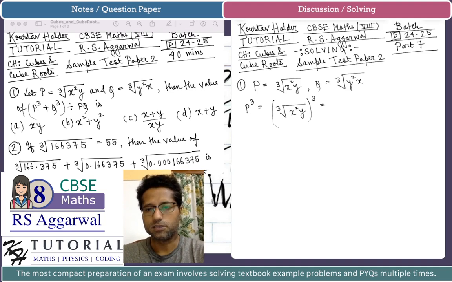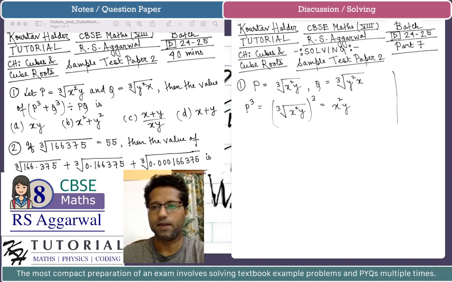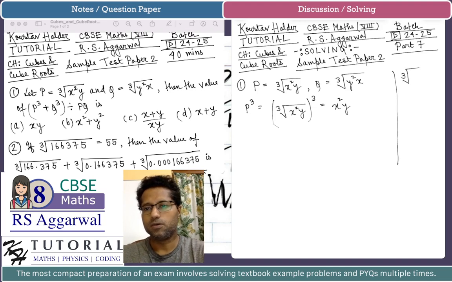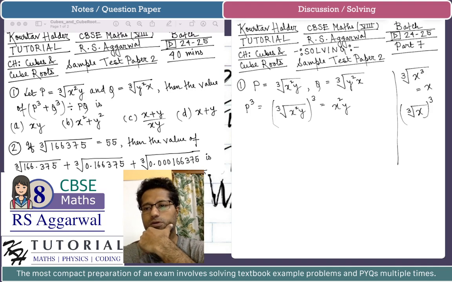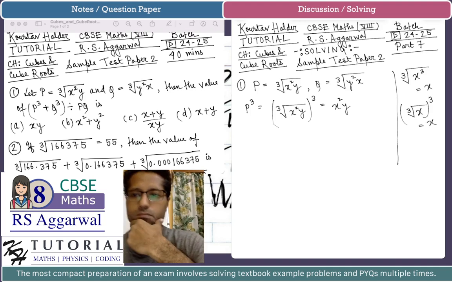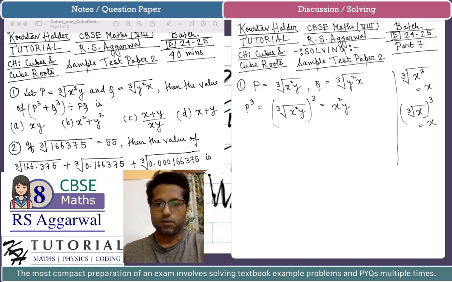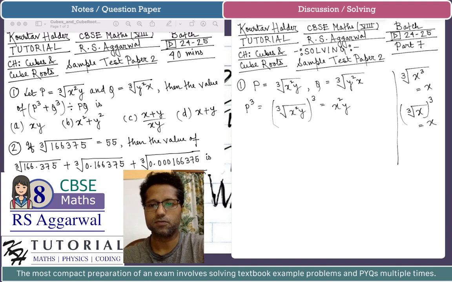This is nothing but x square y, because we know that the cube of the cube root of x is equal to x. Okay, so we have P cube equals x square y.